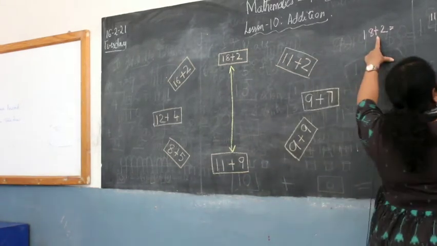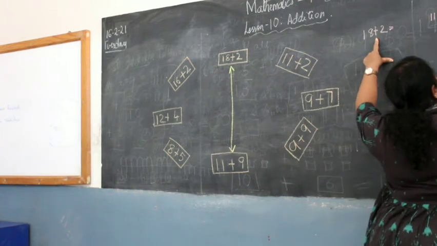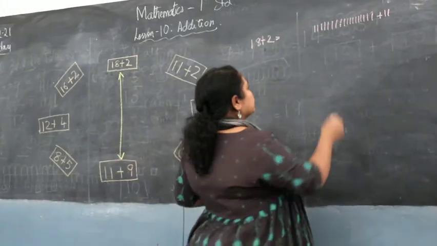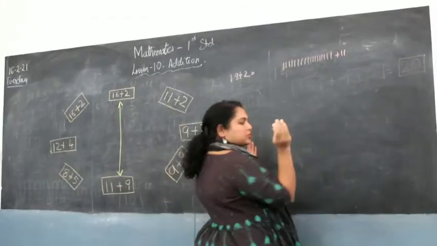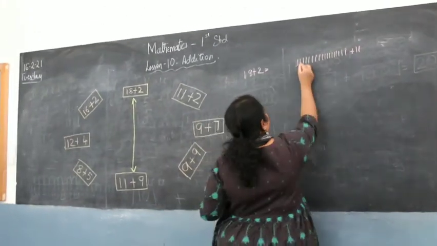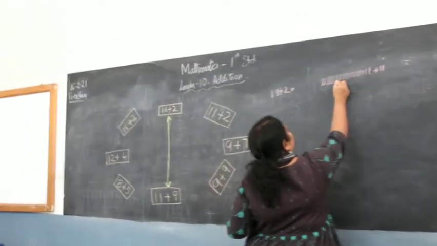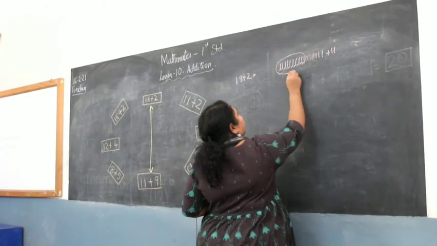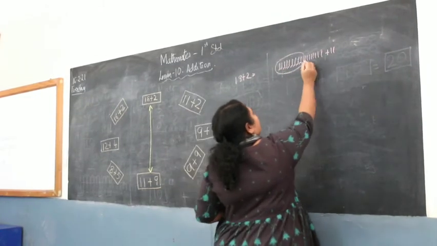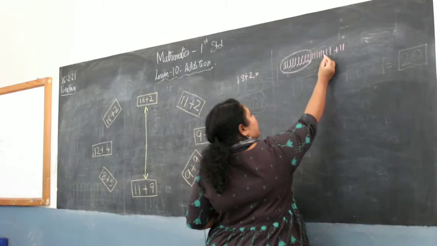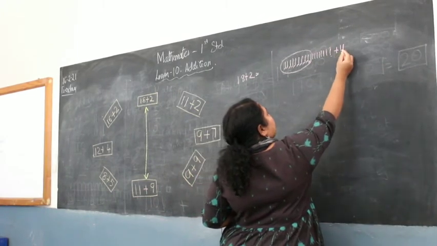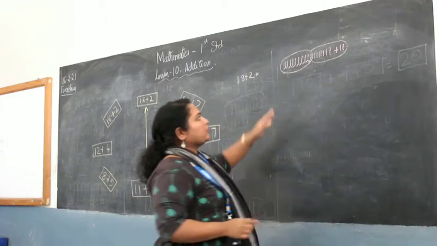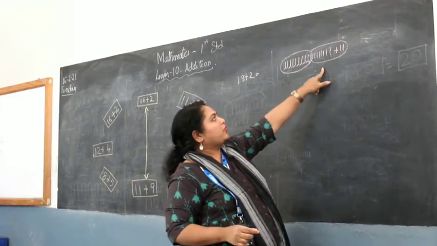Plus 2, and you have to draw 2 sticks. 1 and 2. So let's split the 10 first. 1, 2, 3, 4, 5, 6, 7, 8, 9, 10. So this is one group of 10. Another 1 to 10, so this is another group of 10. So we have 2 groups of 10 over here.